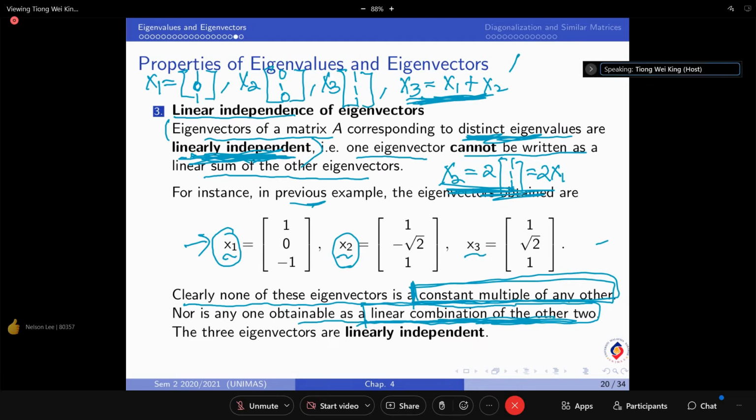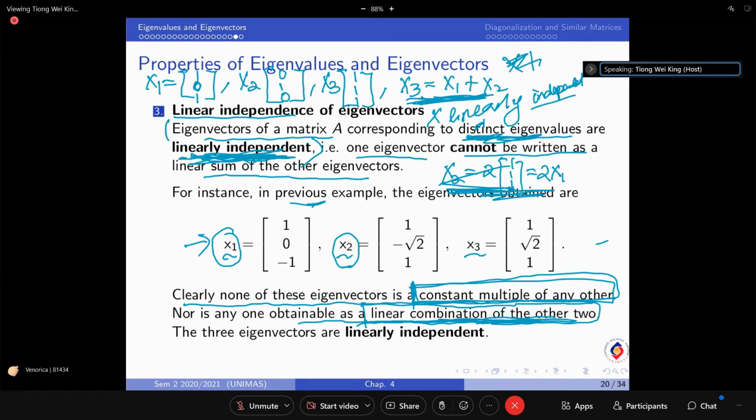It's not linearly independent. Understand? Linear independence is very important for the coming topic.